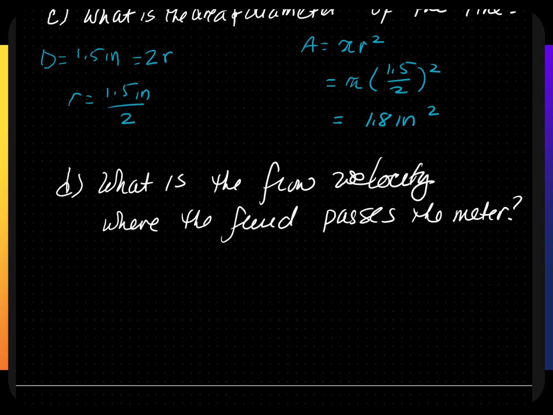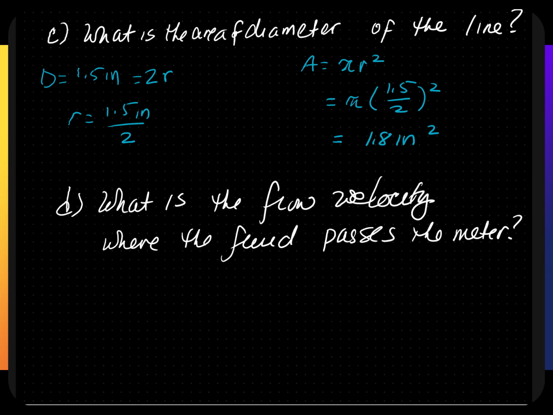On part D, what is the flow velocity where the fluid passes the meter? We know the equation is Q is equal to cross-sectional area times the flow velocity. In a given system, the Q stays constant. It will adjust depending on the area, but the Q or the flow rate will remain the same.